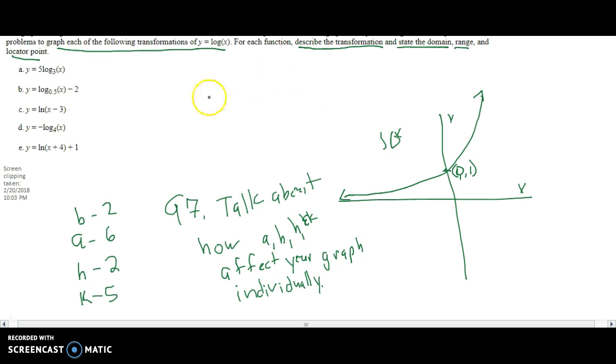So in other words, how do all of these different things change what you're doing? Right here we're given some set numbers, but talk about A.